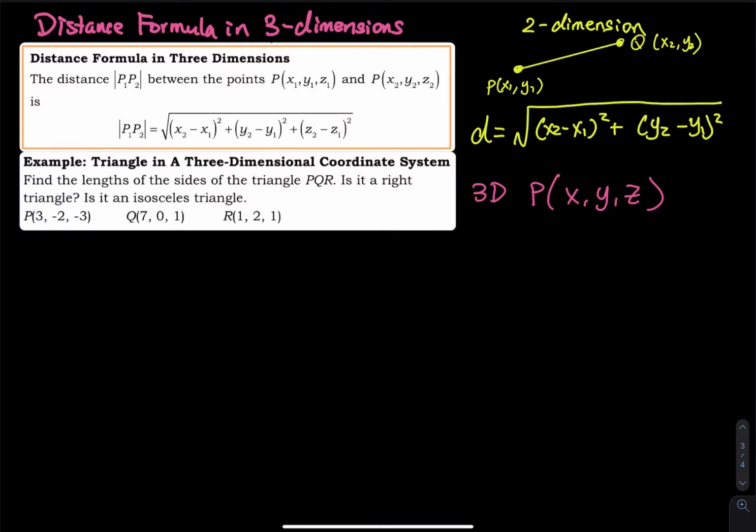Okay, so in this problem, we would like to use the distance formula. I have 3 points. My question is, is this a right triangle or is this an isosceles triangle? One thing that people would like to do immediately, as they do in 2 dimensions, is draw a picture, plot the points, and then sketch the triangle.